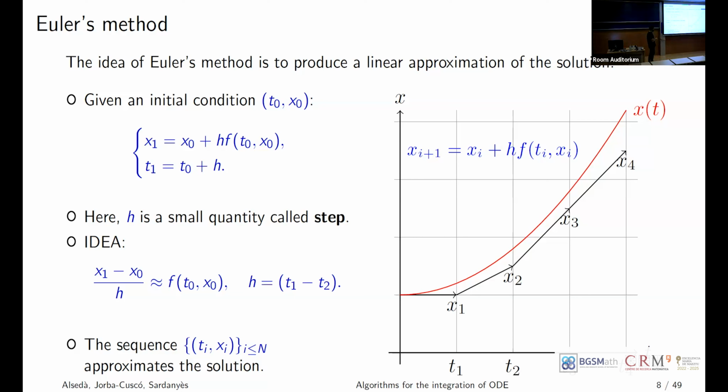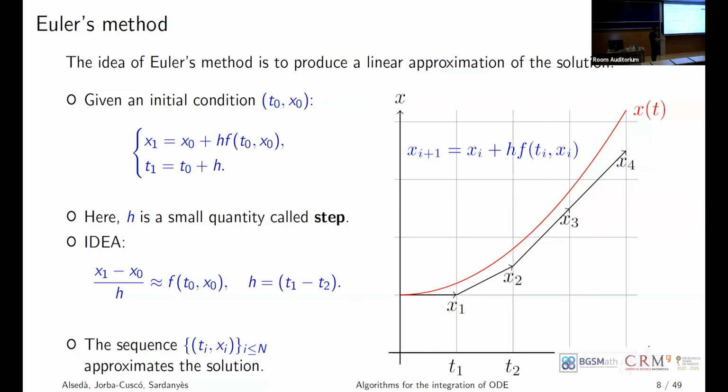So this vector field is indeed the derivative of the solution by construction, or by definition, if you want. So this is a linear approximation of the solution developed around x naught. So you get something like this. If this is x naught, this is the prediction that Euler's method is giving.